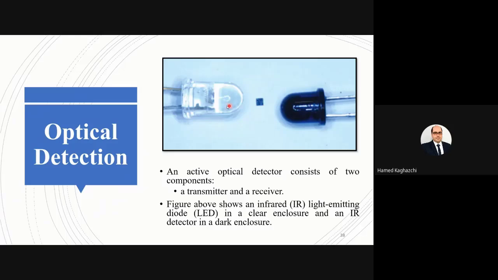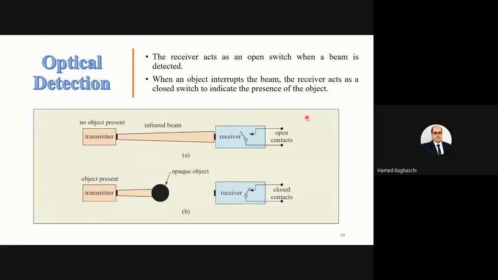The LED here transmits infrared light beams, and this receiver receives the infrared beam. This LED transmits the infrared light beam, and this black one receives this beam. Look at here.